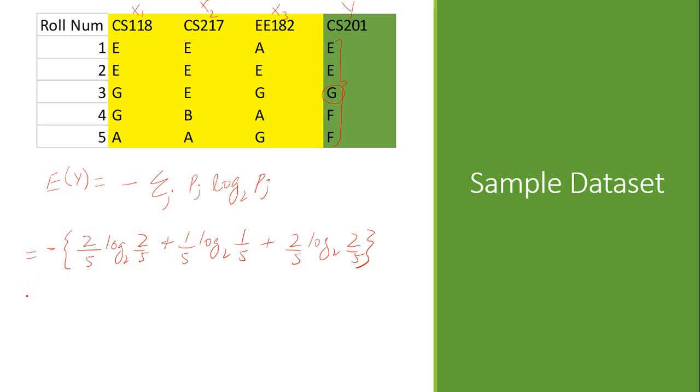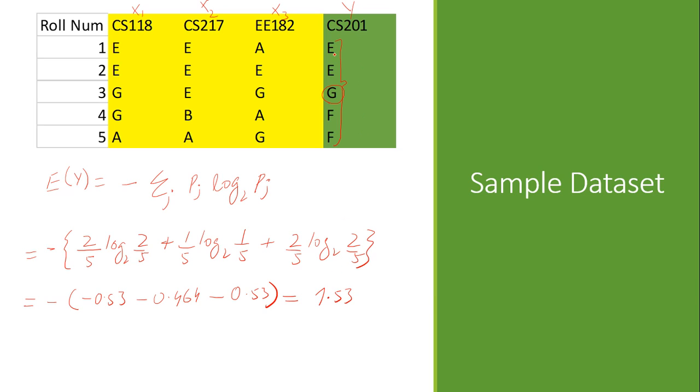Now if I solve this, what I have is minus 0.53, minus 0.464, minus 0.53. So these are the values. Then if I sum them up, it would be 1.53.